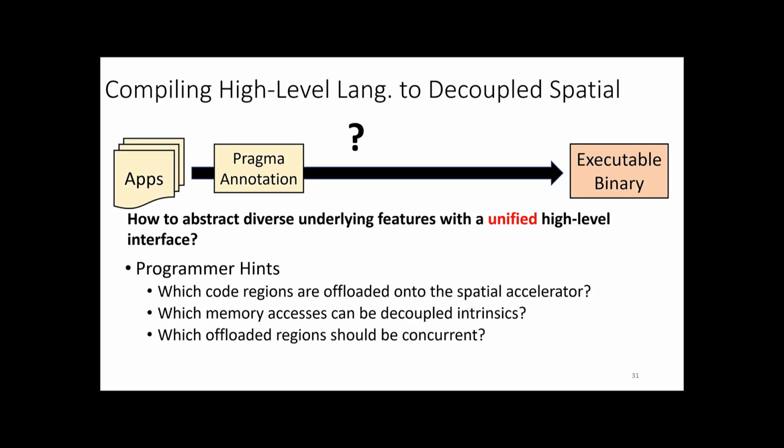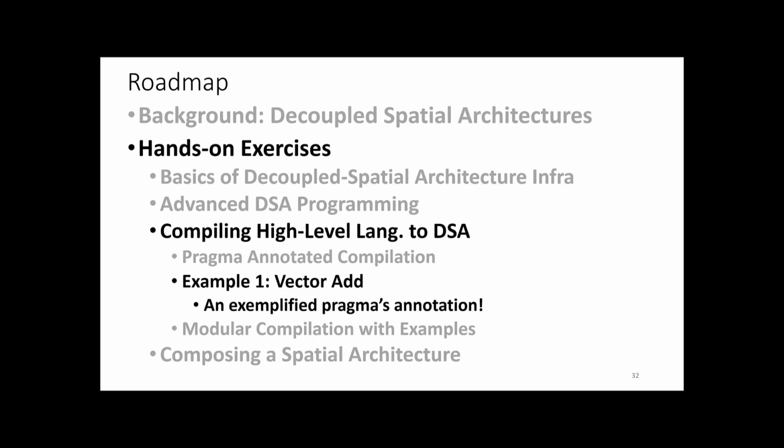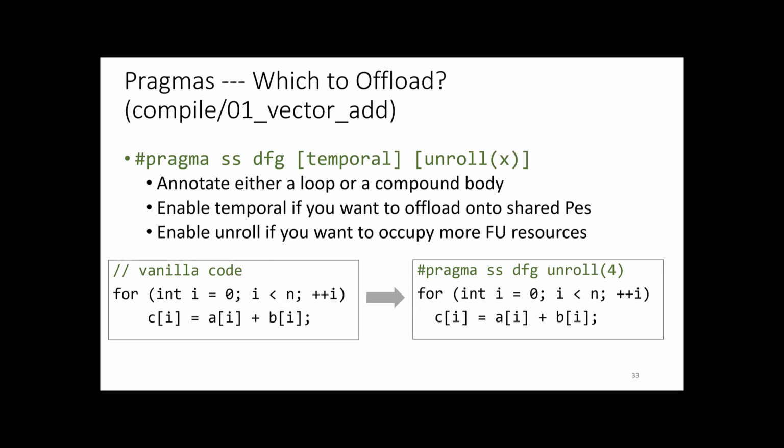Last, how can we determine the concurrency of the code regions offloaded onto the spatial architecture? And to answer these three questions, we introduce three pragmas to correspond to these three questions. And I will introduce these pragmas also through the vector addition example.